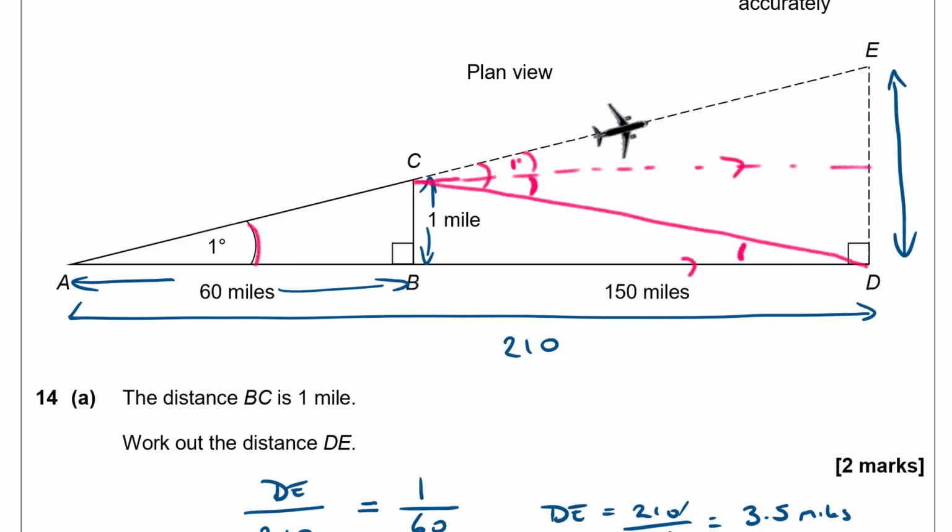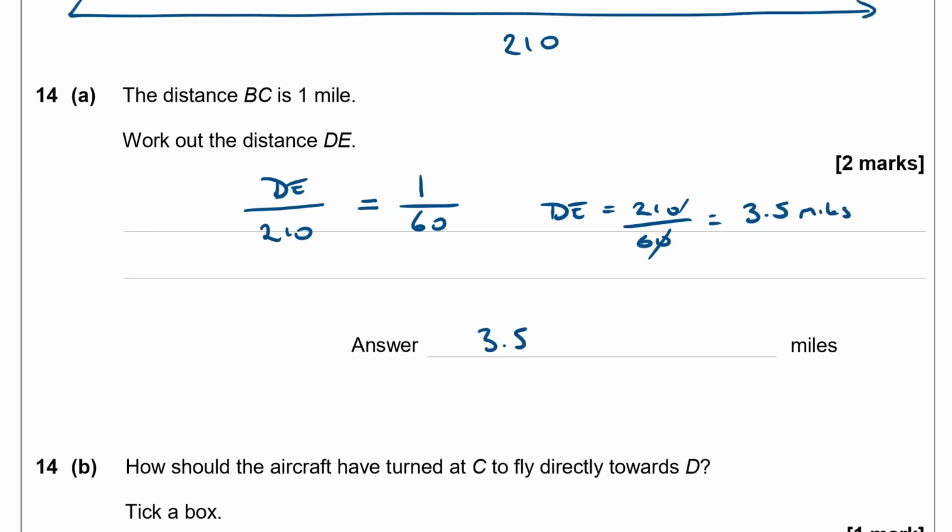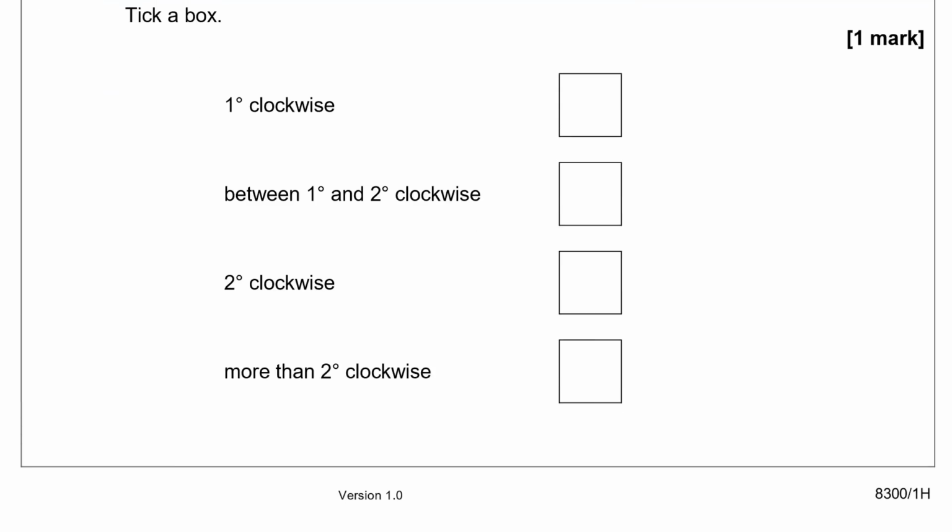Now I would say because this distance here is shorter than this distance here, then this angle here must be smaller than 1. So the angle of turn must be between 1 and 2 degrees. So I'm going to go for that one there.